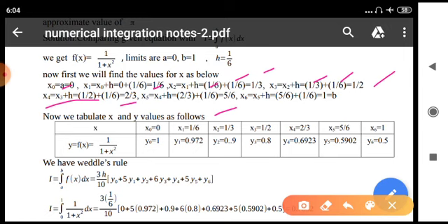And finally x6, which is given by x5 plus h, which is 5 by 6 plus 1 by 6, which is 6 by 6, which is 1, which will be the upper limit, which is b.